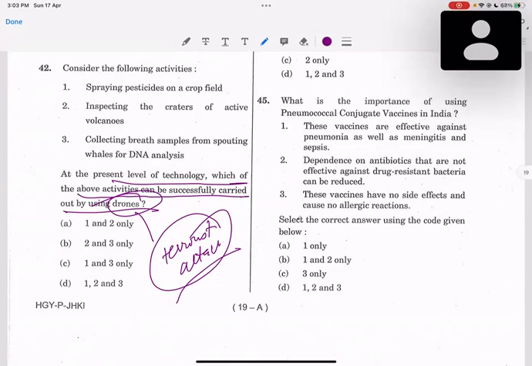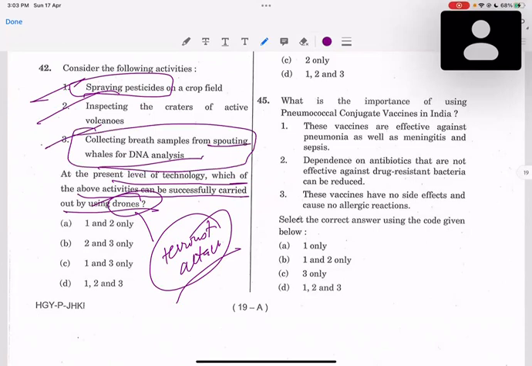All right. So if you look at this answer, yes, to spray pesticides, we are using it. Inspecting craters, yes. And collecting breath samples from spouting whales. Yes, you all must have got confused in the third option, whether it is right or not. If you are getting confused, then such questions are to be left.